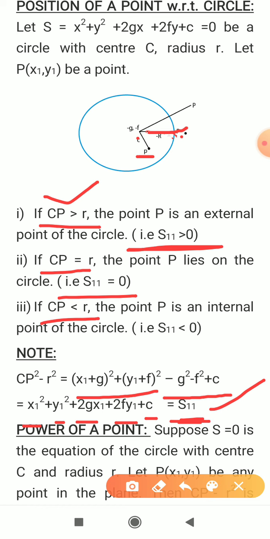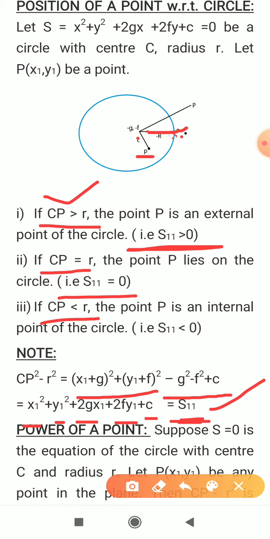If we find the value of S11 and that value is negative, minus 1, minus 2, minus 3, whatever it may be, then we say that the point is an internal point of the circle. So like that, by using S11, we know the position of the point with respect to a circle.